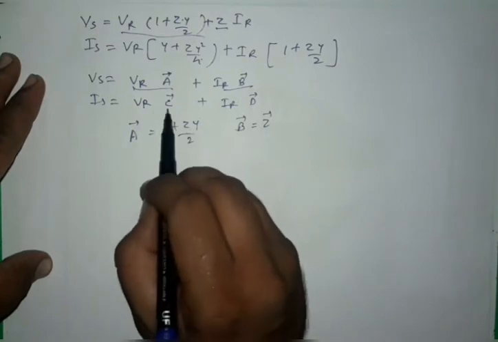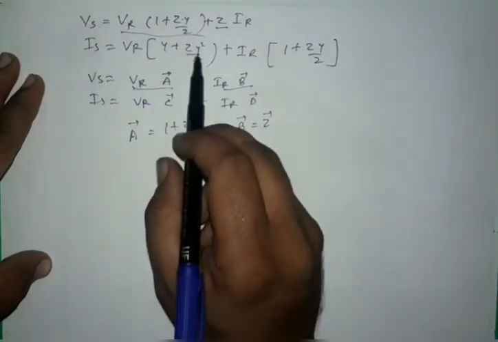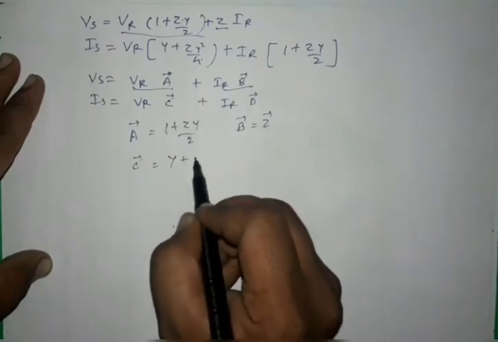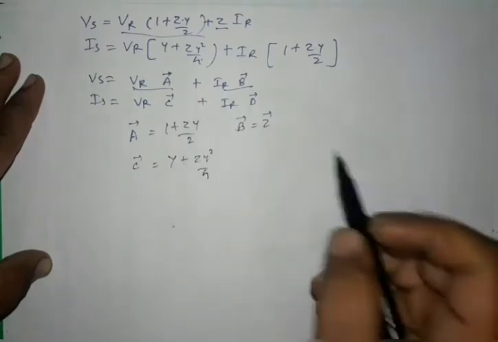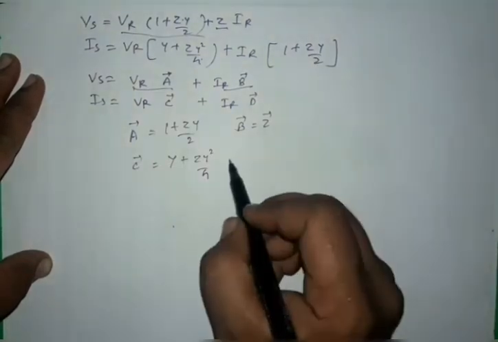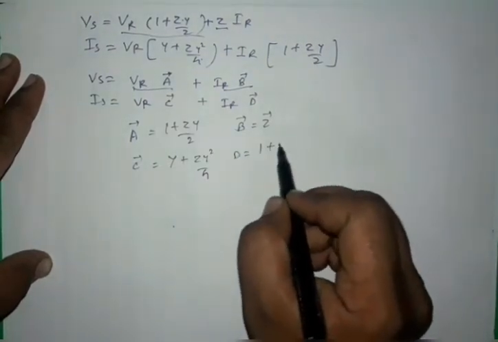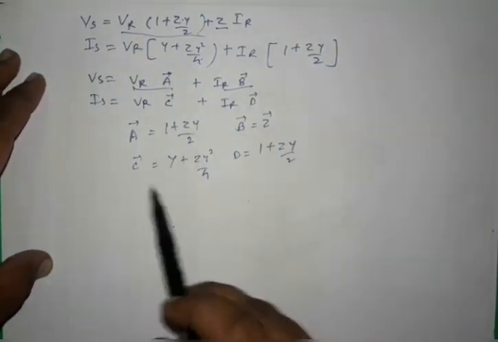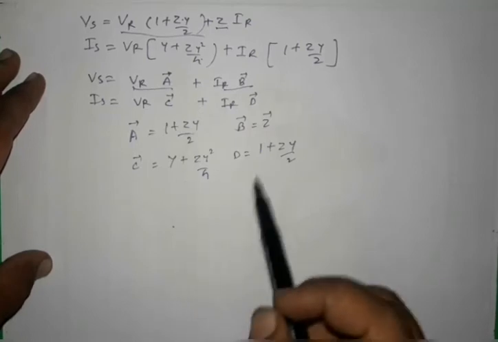Now Vr into C, here Vr into (Y + ZY²/4). So C is equal to Y + ZY²/4. Now Ir into D, here 1 + ZY/2, so D is equal to 1 + ZY/2. Now these A, B, C, D are our parameters.